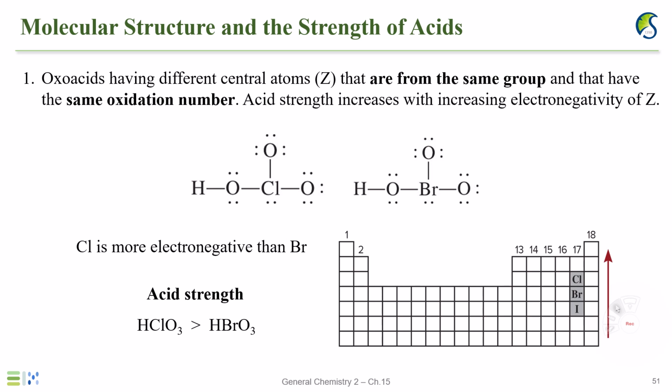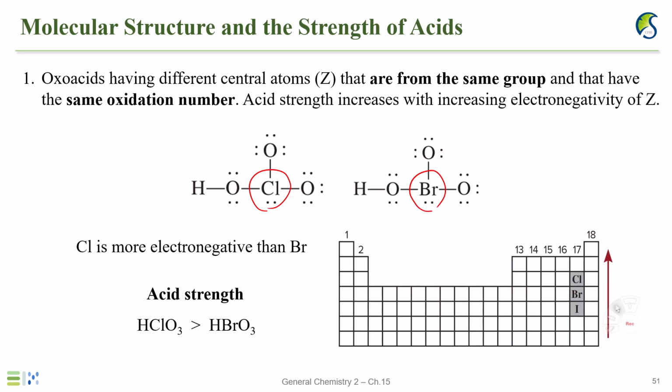In this case, Cl and Br are the only differences, and other than that, their structures are identical. So let's compare the relative electronegativity of these two, Cl and Br, bromine.